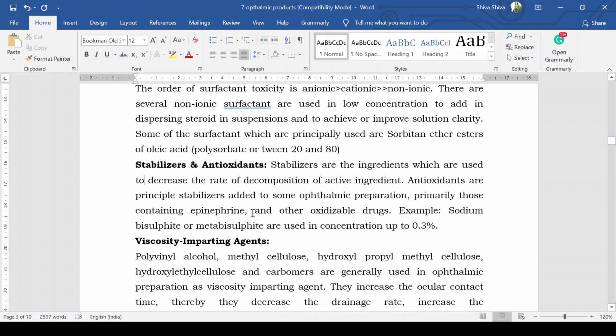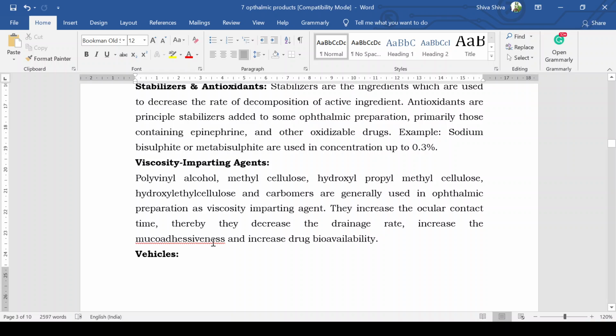Antioxidants are the principal stabilizers added to some ophthalmic preparations, primarily those containing epinephrine and other oxidizable drugs. Example, sodium bisulfite or metabisulfite are used in concentrations up to 0.3%.